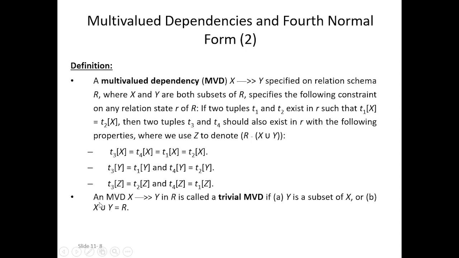An MVD, that is a multi-value dependency X to Y in R, is called a trivial MVD if Y is a subset of X. Suppose Y is a subset of X, then it is trivial.